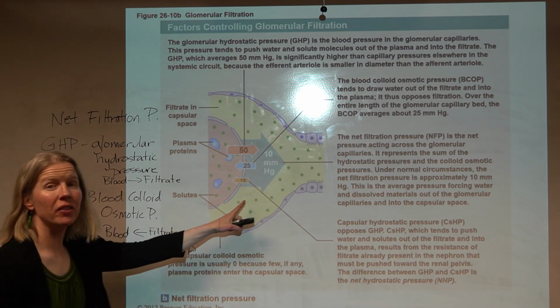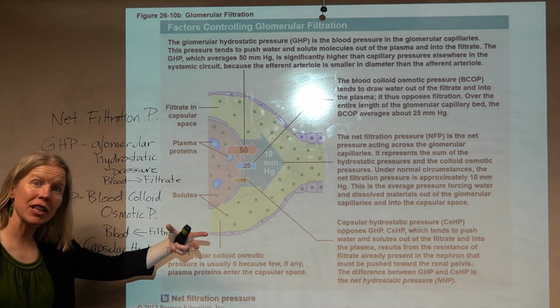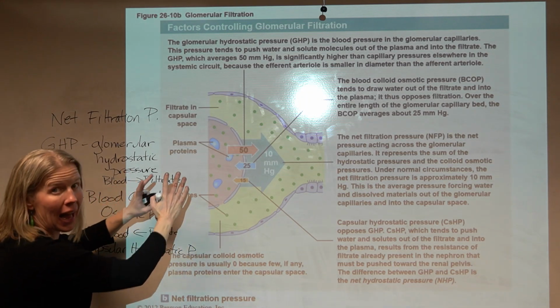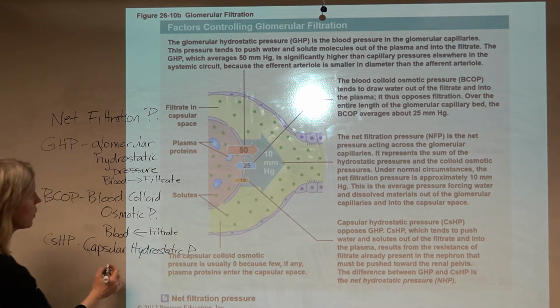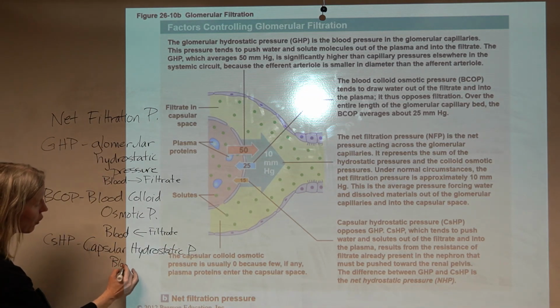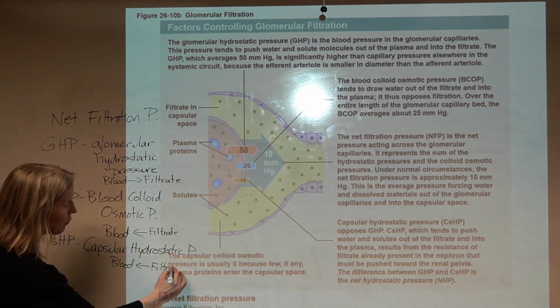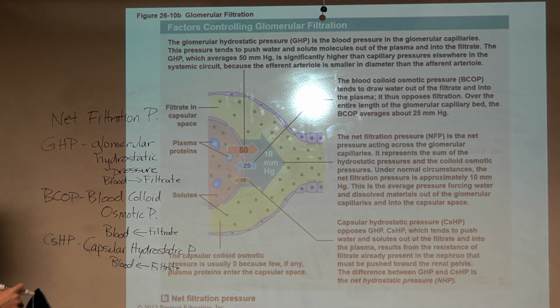Okay, this is basically as the filtrate is filling up that capsule, it starts pushing back against the filtration membrane, right? So this is another pressure that is opposing the formation of filtrate, right? Pushing things back into the blood.